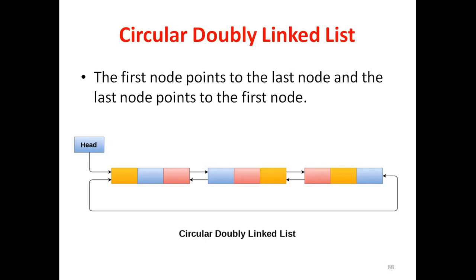No, sir. There is no null value here, because the next field of the last node is pointing to the first node, and the previous field of the first node is pointing to this last node. So that's why there is no null value, and this is bidirectional circular. So this is circular in both the directions.